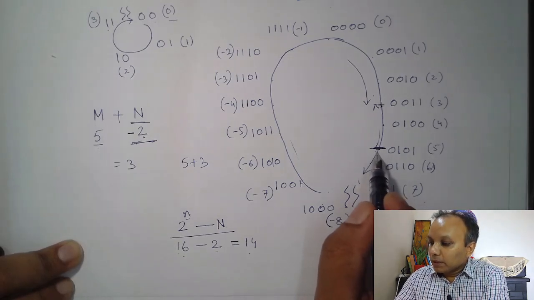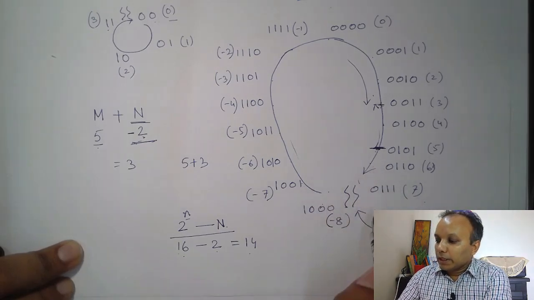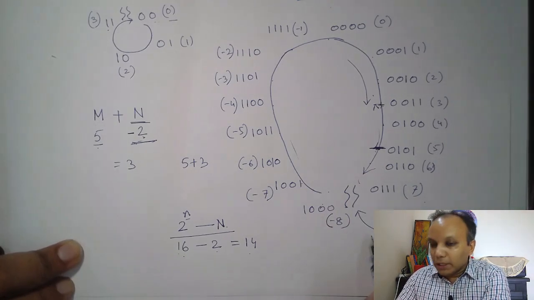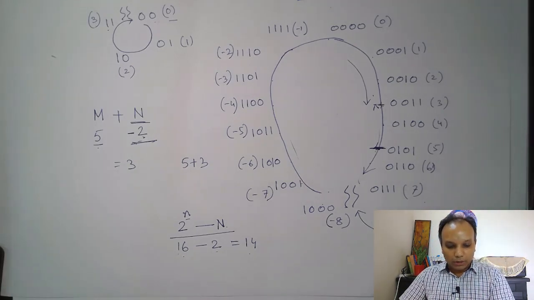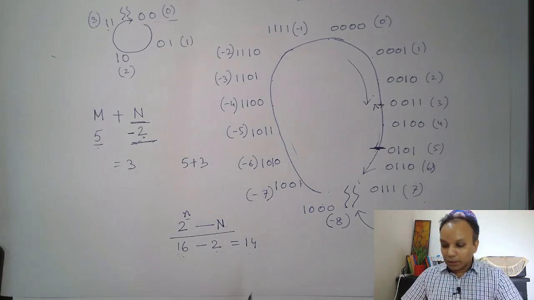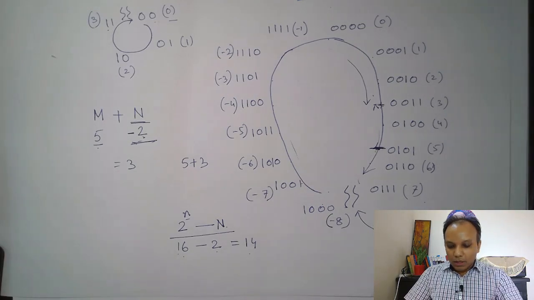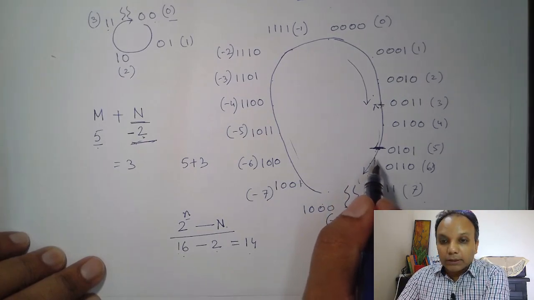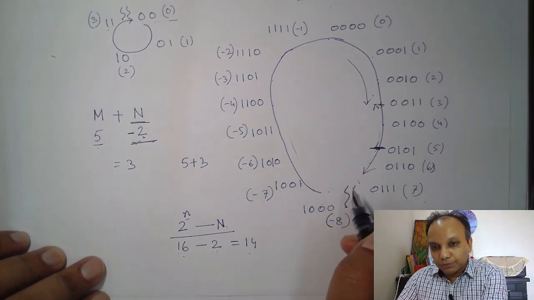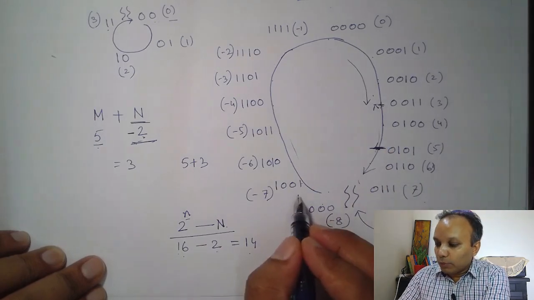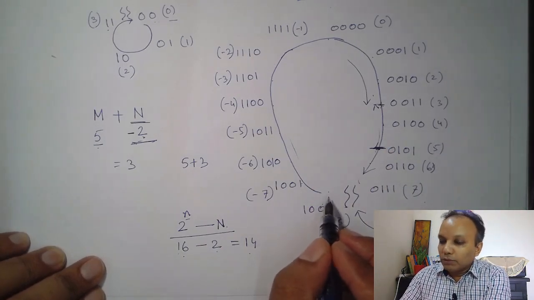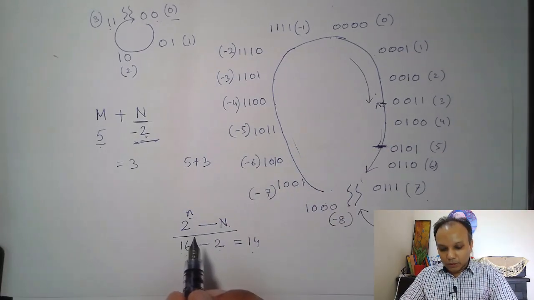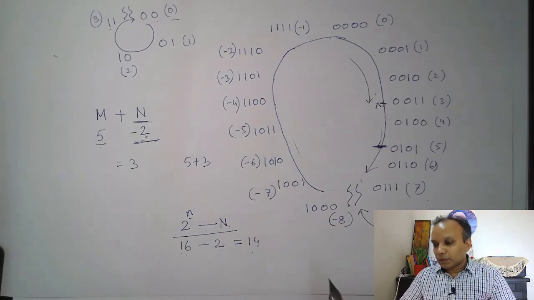So it will create an overflow, and how to deal with this overflow we will come to in our subsequent discussion. Basically, if the answer is too large or too small to be represented within this 4-bit number circle, then we call it an overflow, and to deal with that we have to take some different measures.